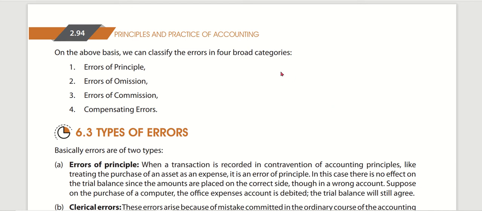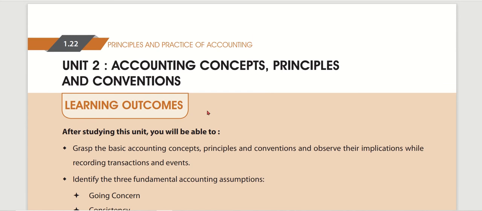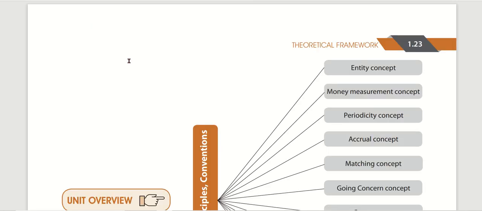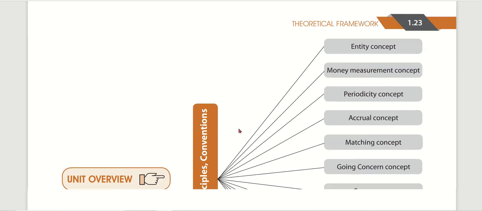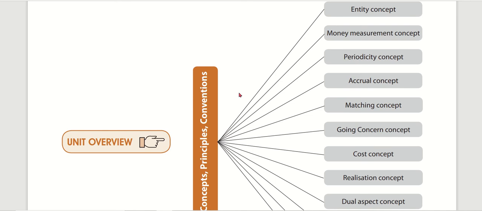Now, let us take a step back and check in our study material what are the various accounting principles that we have learned. In unit 2 of chapter 1, you would have learned the basic concepts and principles, and there we observe a beautiful chart given in your study material where it talks about concepts, principles, and conventions.